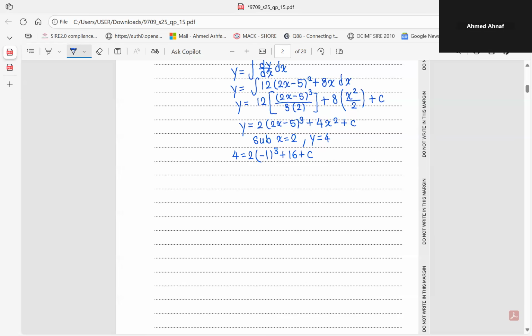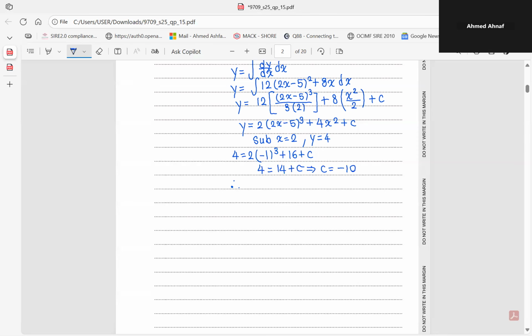So you would get 4 equals 2 times (minus 1) cubed. Minus 1 cubed is just minus 1. So 2 times minus 1 is minus 2, plus 16 is 14, plus c. And hence you will get c equal to 4 minus 14, which is minus 10.